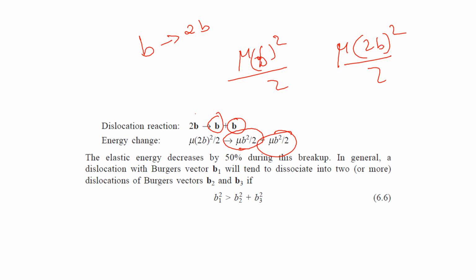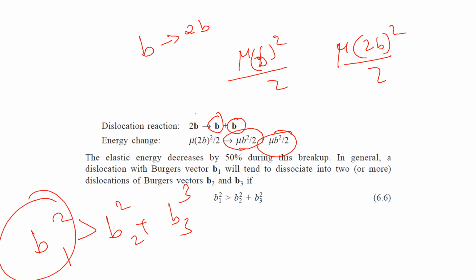So in general, a dislocation with the Burgers vector B1 will tend to dissociate into two, B2 and B3, if B1 square is greater than B2 square plus B3 square. So the Burger vector reduces, and the elastic energy also reduces.